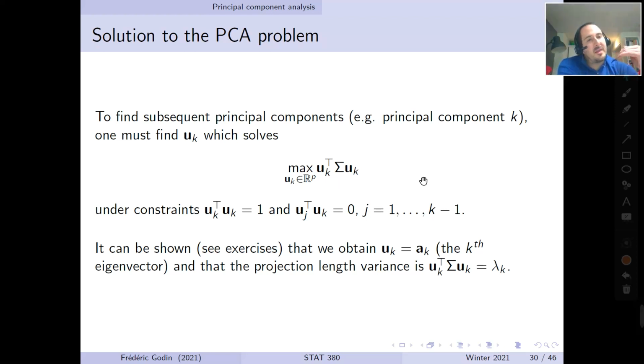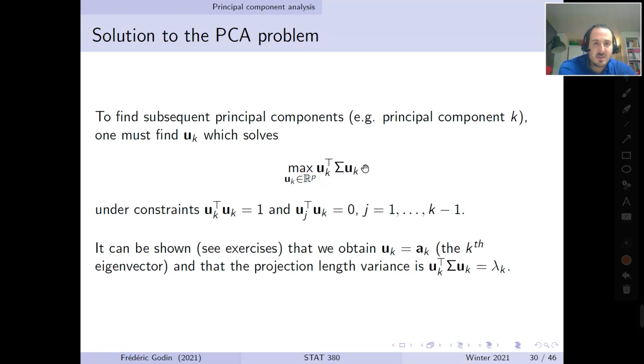Okay, so once we find the first basis vector in our orthonormal basis, we want to find the second one, and then based on the second one, we want to find the third one, and so on. So at the kth step, the problem becomes finding uk, a vector maximizing the sample variance of projection length of data points on uk.